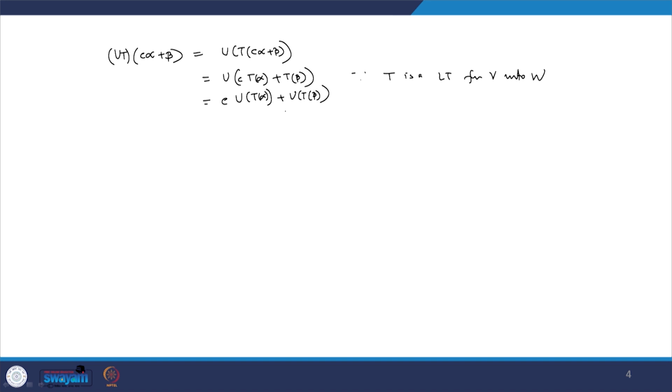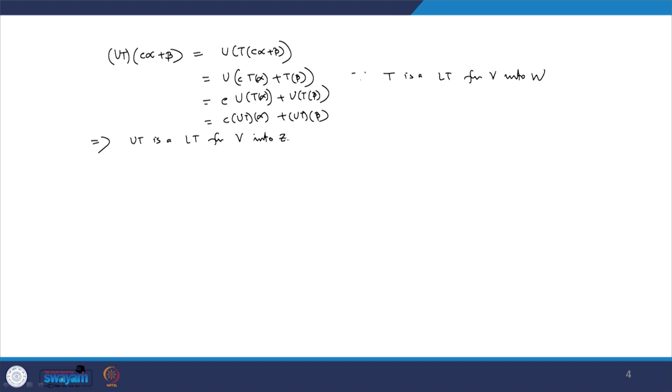This is equal to C times UT of alpha plus UT of beta. So, when we use the composition as multiplication of two functions, this UT is a linear transformation from V into Z, please.